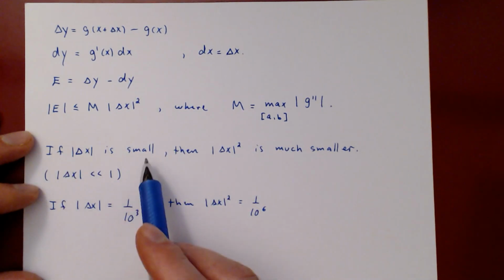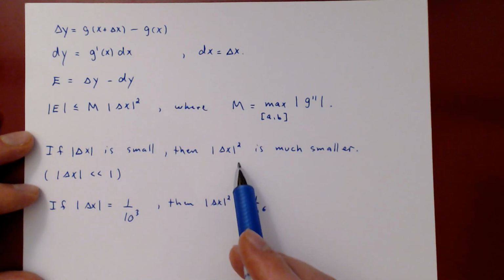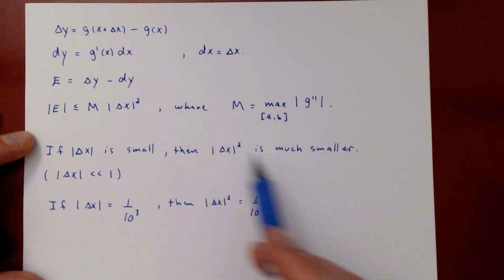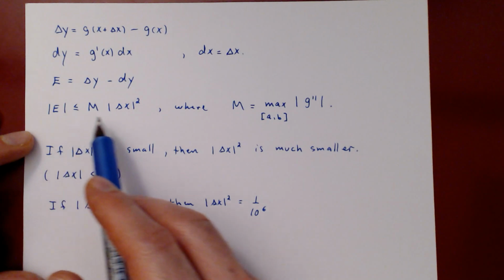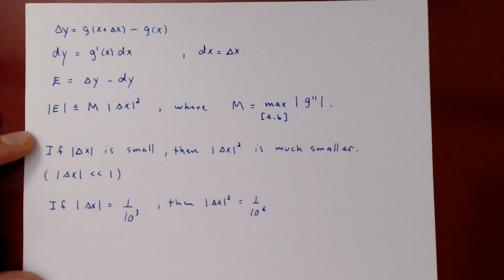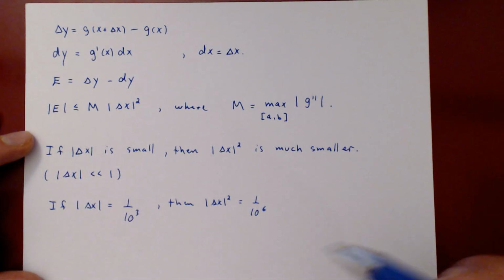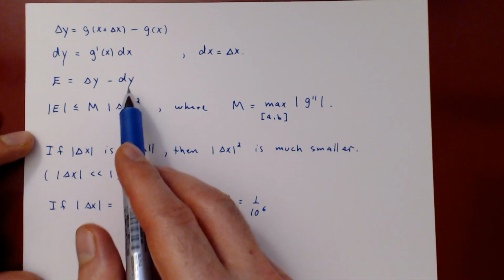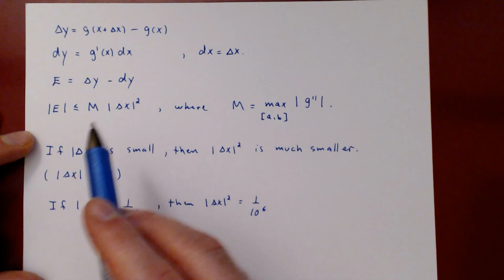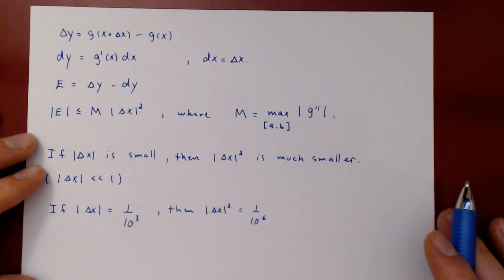And when delta x is small, delta x squared is much smaller, and so the error of the approximation will be an order of magnitude smaller than the size of the approximation. So for small changes in delta x, dy is a very good approximation to delta y. And that's it.